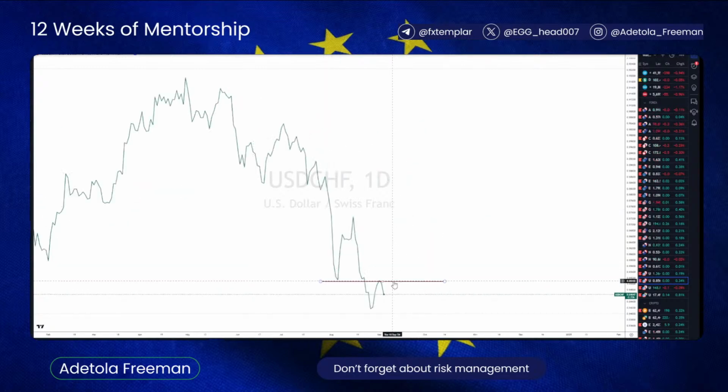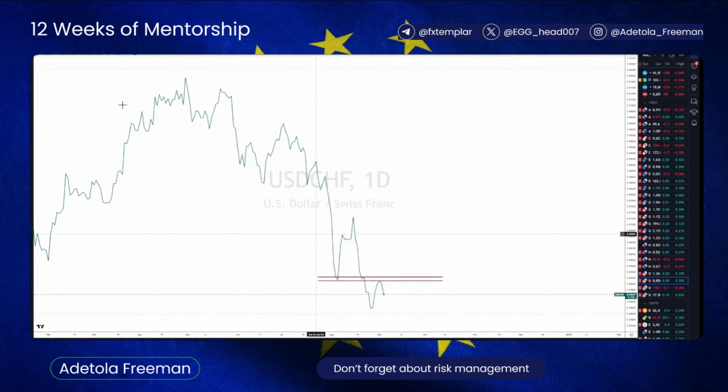Good. You'll see that we have this pivot here. If I want to extend it a bit, I would also want to say, all right, let's extend it to this particular point, based on the line chart on the daily time frame.